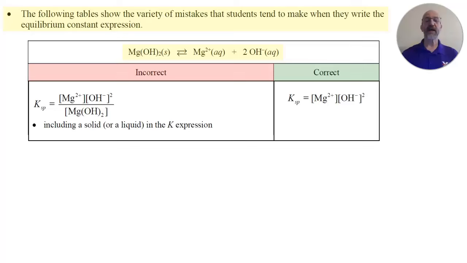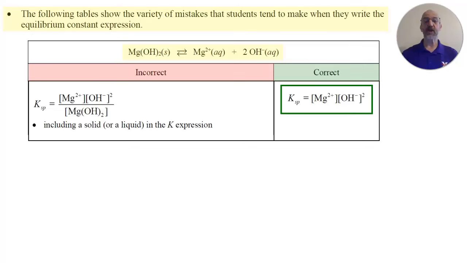So the correct equilibrium constant expression for this reaction is known as the solubility product constant, or KSP. And you can see that we're using hard brackets to indicate the concentration of the particles. And notice that there is no denominator. And that's because the magnesium hydroxide is a solid, so pure liquids and solids are not included in the equilibrium constant expression.